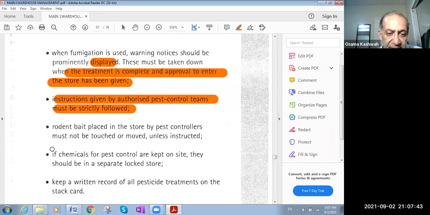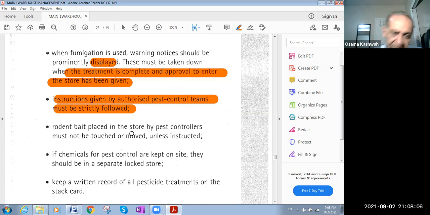Instructions given by the authorized pest control team must be strictly followed. Rodent bait placed in the store by the pest controller must not be touched or moved. Even if they leave any materials regarding pest control, no one should touch it, hold it, or move it from its place.